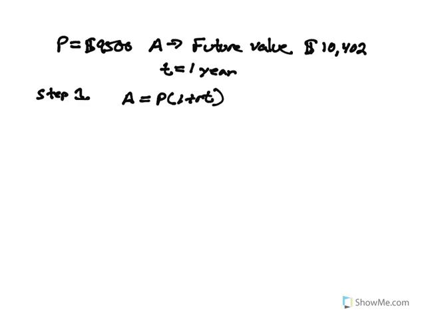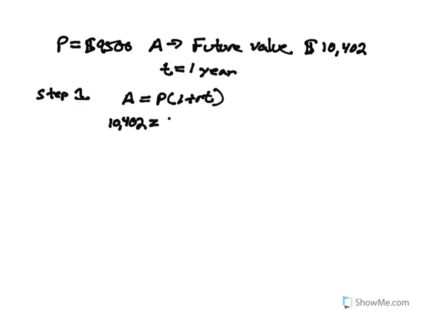My best way to do it is to just plug in the values and then solve for R. Don't try to do it without plugging in values. We want to make this as easy as possible. So we're going to plug in A, the future value, which is 10,402. I'm going to leave the dollar signs out because it'll get confusing with the formula.